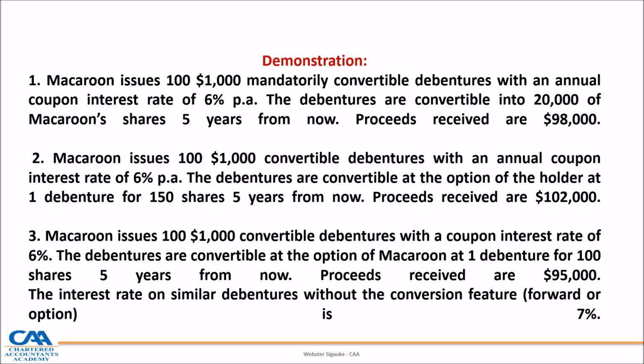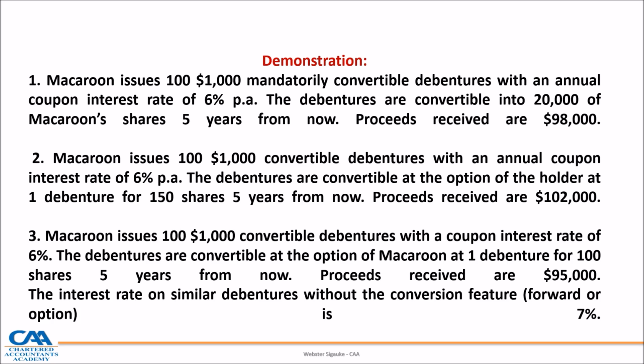So in this case, you can see an equity residual, but there's also coupon interest that has to be paid yearly, which means that you have a contractual obligation to deliver cash. So you have your financial liability, then your equity component.